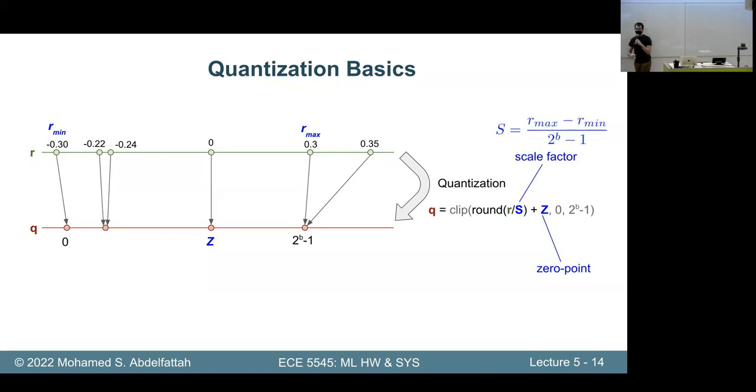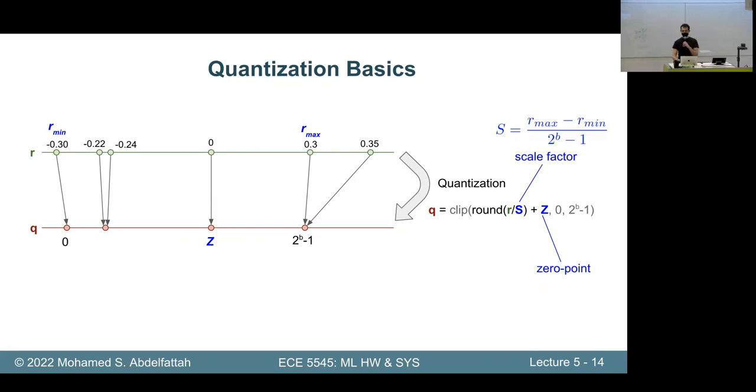Now if I plug the scale factor into the equation, and I have the value 0.3, I will divide it by my scale factor. So 0.3 divided by 0.6 times 255, which is equal to 127.5, but then I have a rounding function.